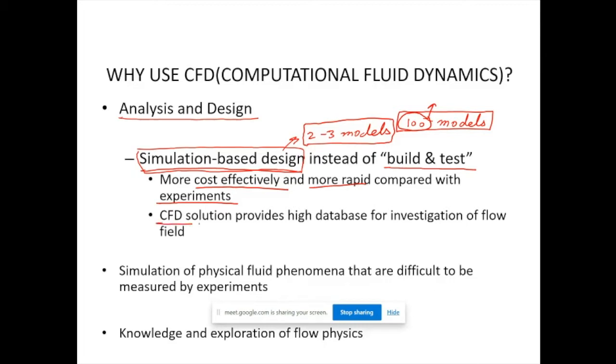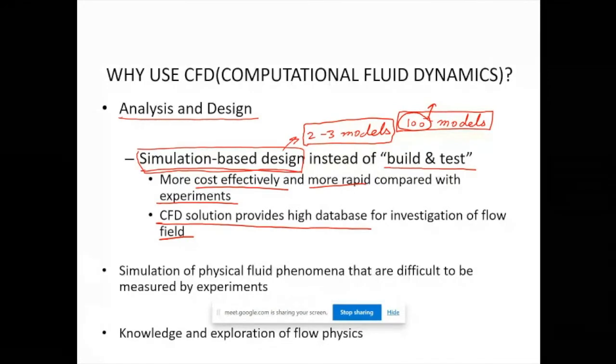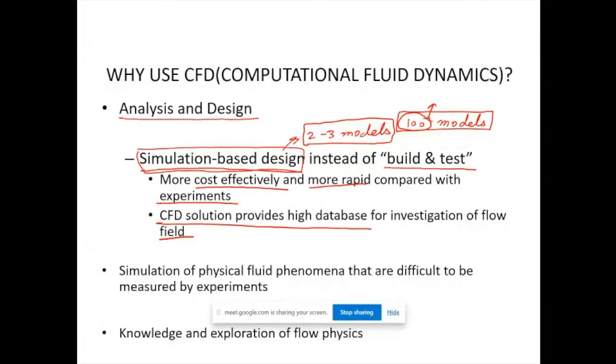CFD solution provides a high database for investigation of the flow field. What is the meaning of this? Suppose you are interested to investigate some parameter like pressure, stress, or pressure recovery, any parameter. If you are doing experimentation, you have to install a sensor at that particular point.